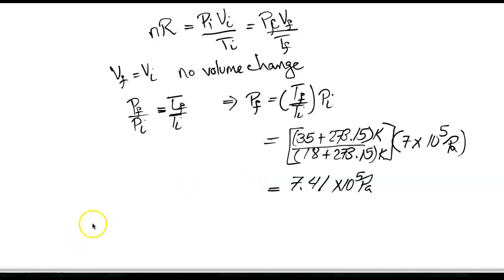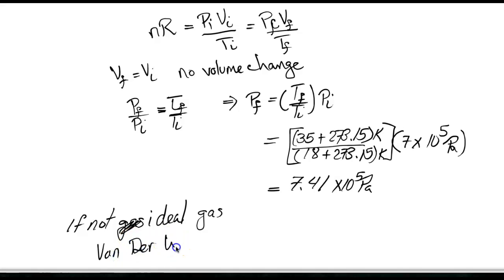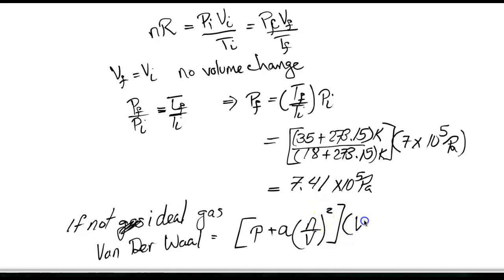Now you might ask, well, what if it's not ideal? If we have a gas that's not an ideal gas, then we have something called the van der Waals equation, which is the pressure plus some constant a n squared over V squared times V minus nb equals nRT.